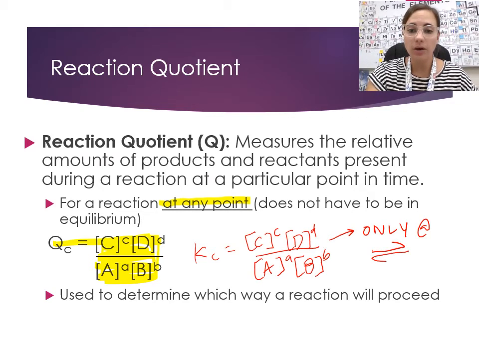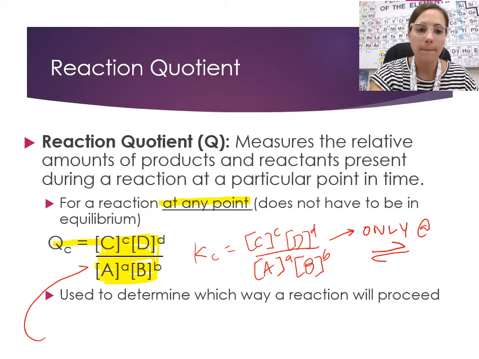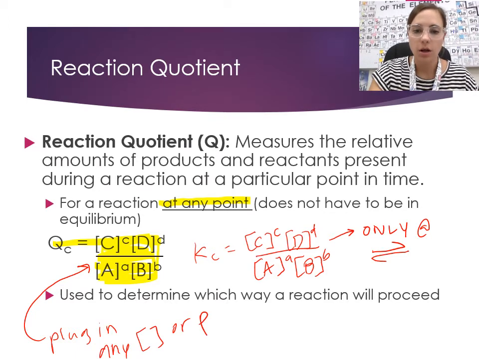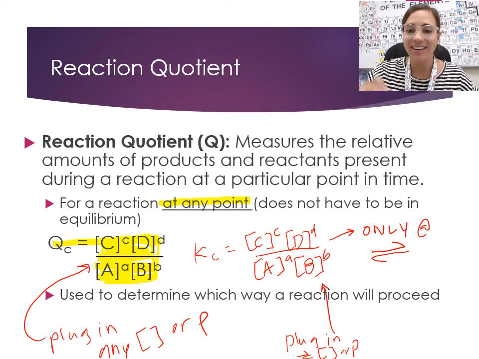So when we calculate Q, we plug in any concentration or pressure. But when we calculate K, we have to plug in concentrations or pressure at equilibrium.